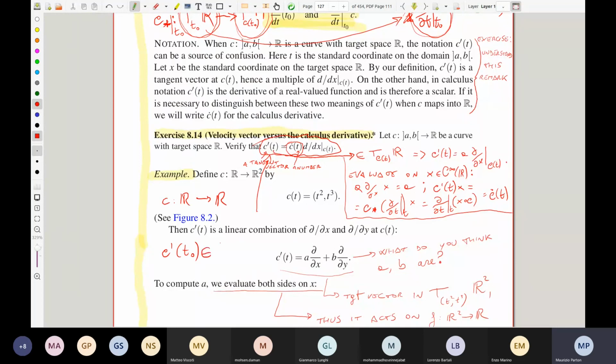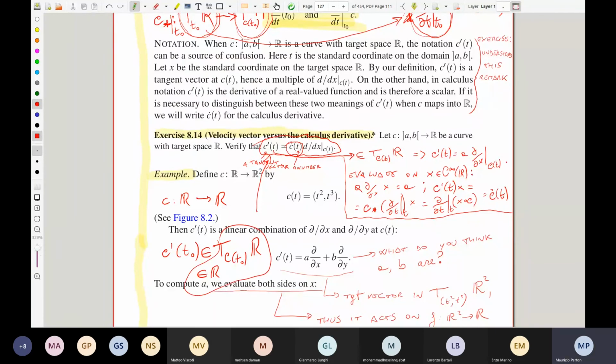This is an element of the tangent space at C of T0, but this is also a number, the derivative of a map from R to R. In order for this to make sense, these two quantities should be related.